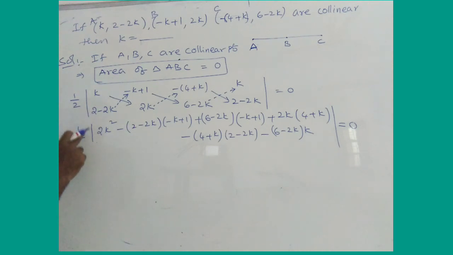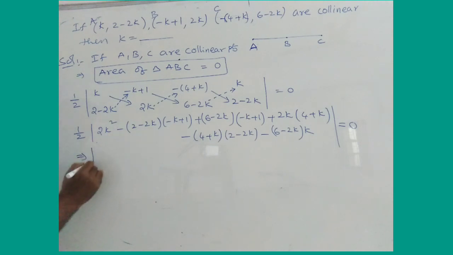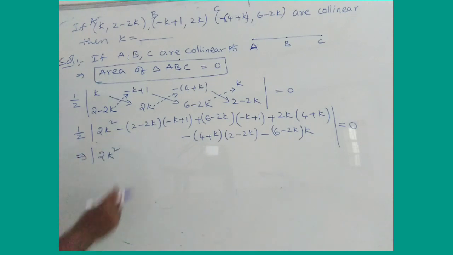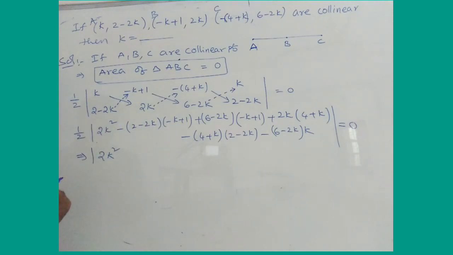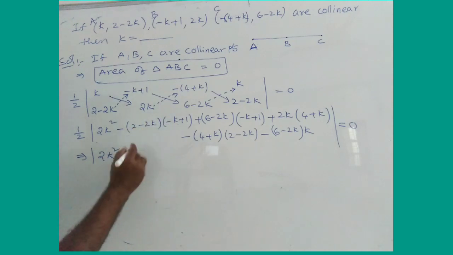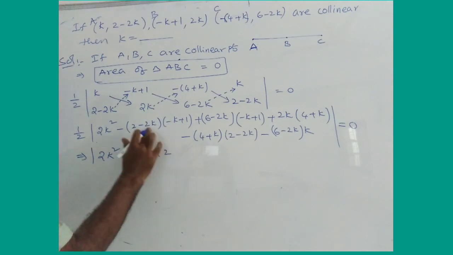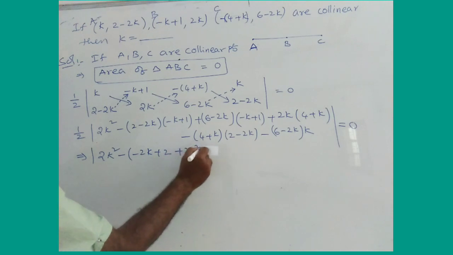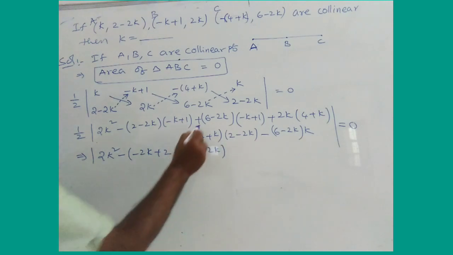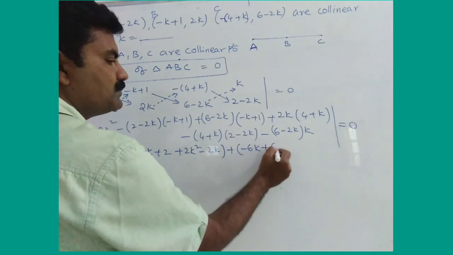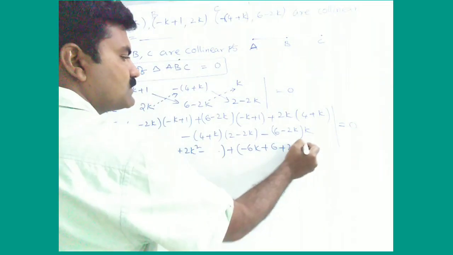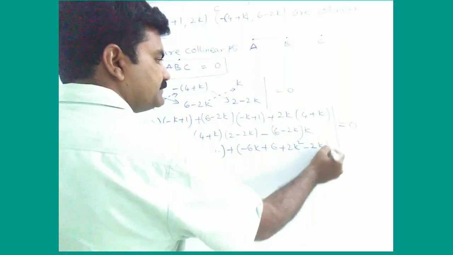Now this 1 by 2, if you send it to that side, 0 by anything is 0. Let's multiply this 2k square with this minus 2k, but before that there is a minus again. First let us simplify this. This is minus 2k plus 2 plus 2k square minus 2k. Coming to this product, minus 6k plus 6 plus 2k square minus 2k.